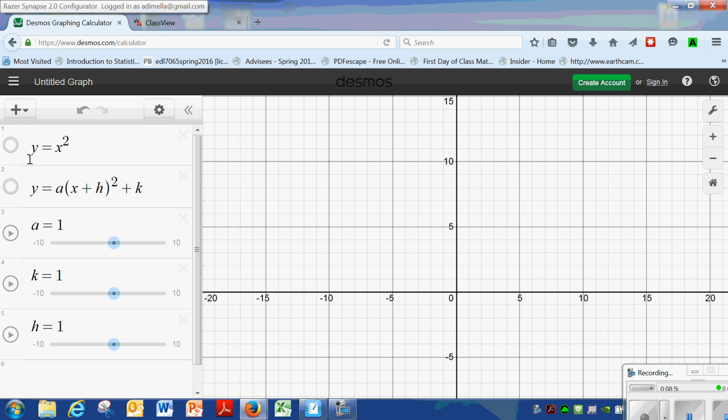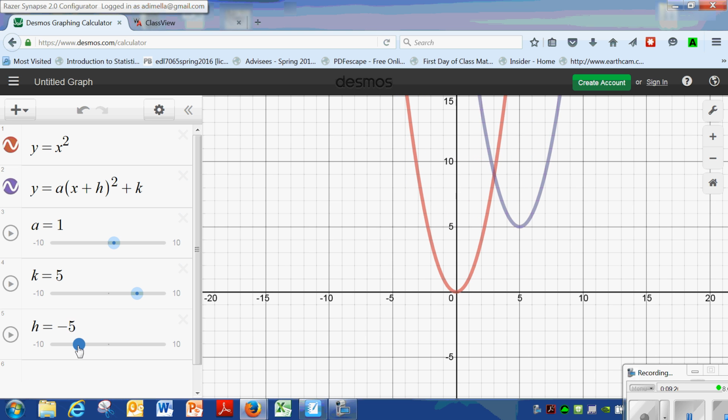Let's say I wanted to take my original x squared and move it so that my vertex is up here at a 5, and maybe all the way over here at the 10. So if I want to bring this up 5, I would need to take that k value to a positive 5. And if I wanted to make that h over to the 10, I actually have to bring this out to the negative 10 to get it out to the other side.